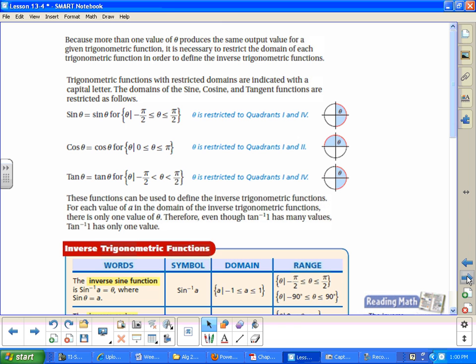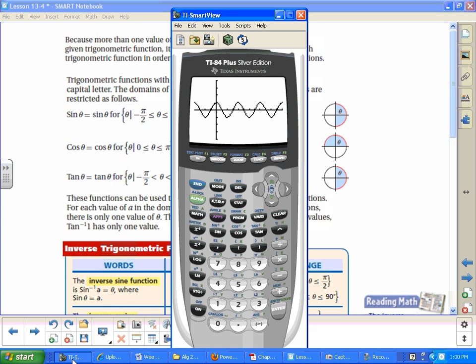So let's take a look at the graph itself on our calculator. I'm going to start with sine because that's what they do. So here's the graph of sine. All right, this is not a function, is it? Or the inverse is not a function because it fails the horizontal line test.